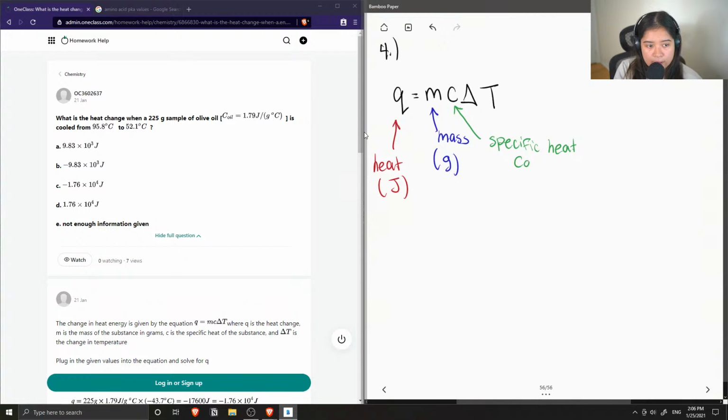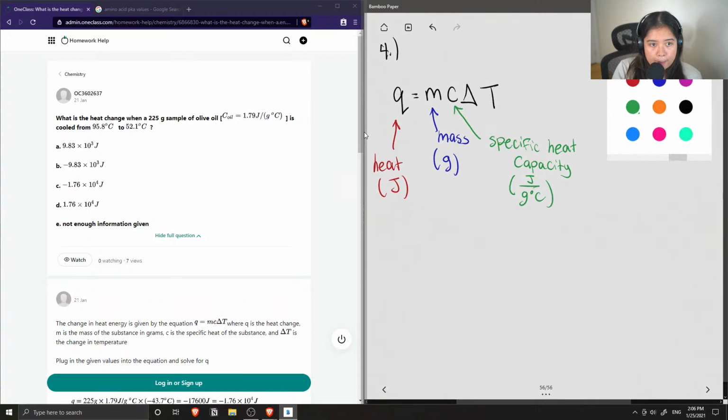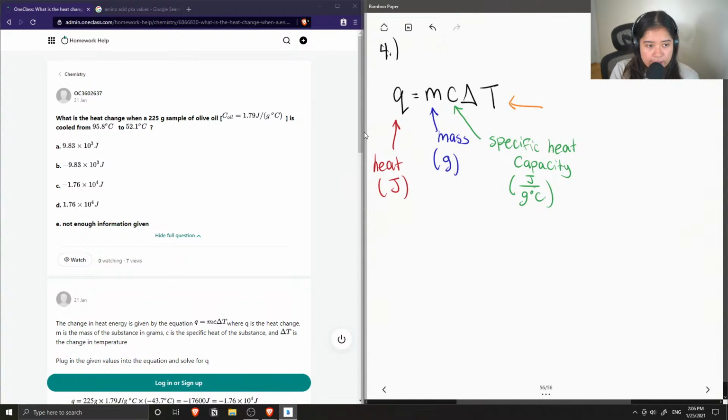And depending on the type of compound you have, they each have a specific heat capacity in the units joules over grams times degrees Celsius. And finally, delta T is the change in temperature. So delta T is equal to T final minus T initial.